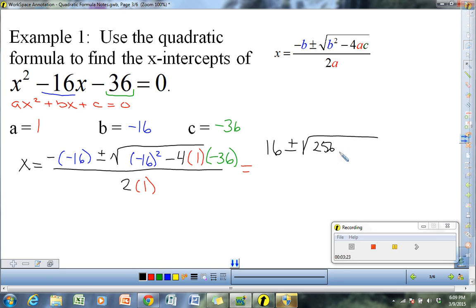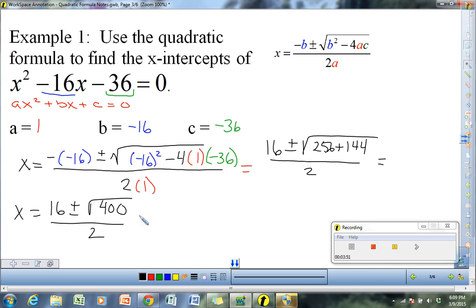And then negative 4 times 1 times negative 36 turns into a positive 144. Divided by 2 times 1 is 2. Alright, we're going to simplify now what's underneath the radical. So I have 16 plus or minus the square root of 256 plus 144, which is 400, divided by 2.